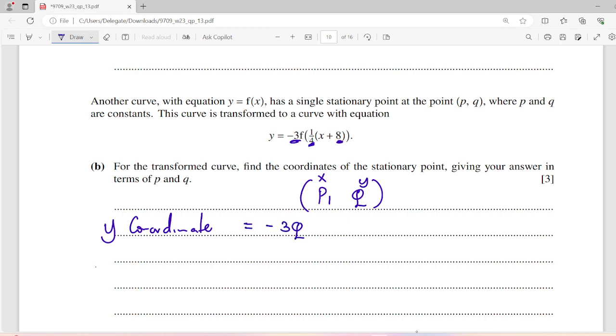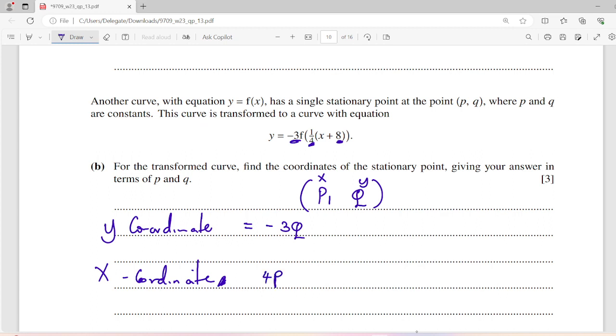Then the x coordinate is affected by the two horizontal transformations. It is affected by a quarter, and remember, a quarter on the x-axis we describe as a stretch factor of 4, so the coordinate of P will be multiplied by 4.